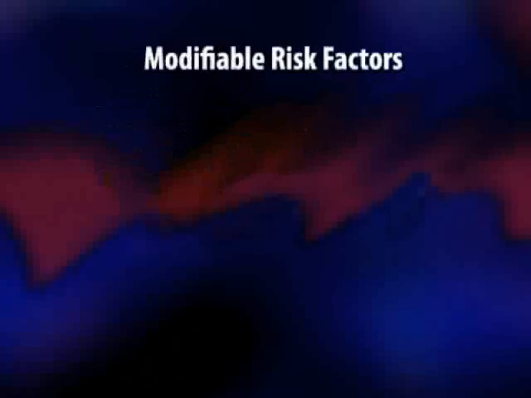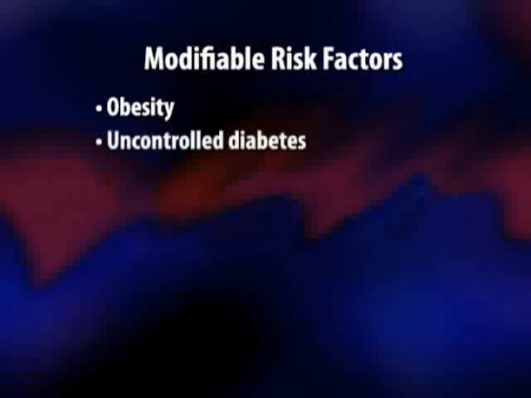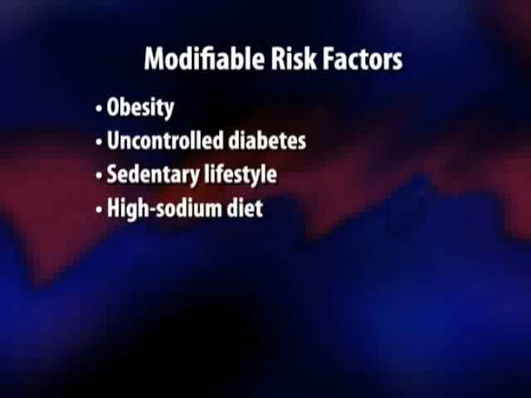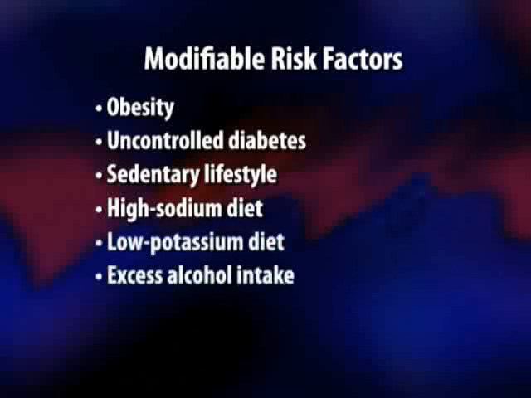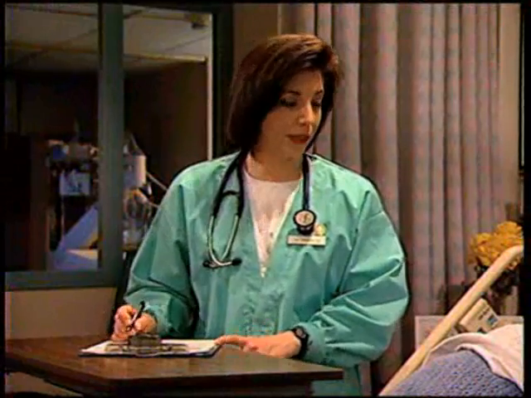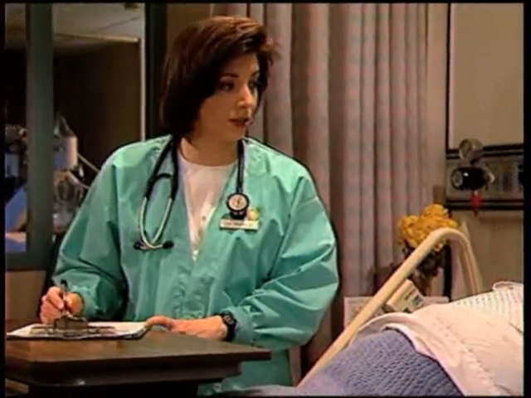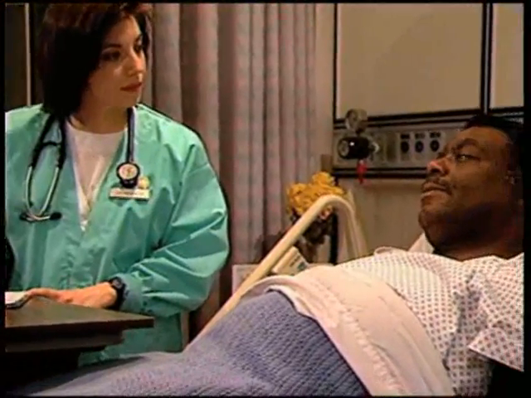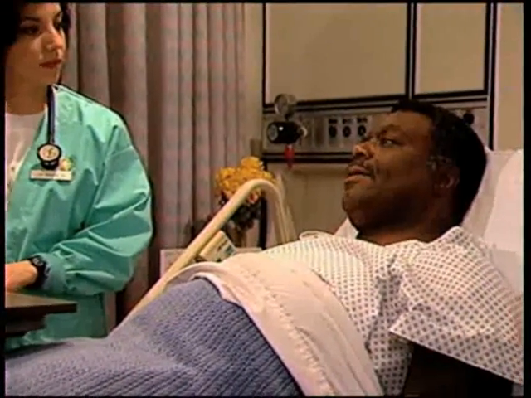Modifiable risk factors include obesity, uncontrolled diabetes mellitus, sedentary lifestyle, high sodium diet, low potassium diet, excess alcohol intake, chronic stress, and smoking. To understand how modifiable and unmodifiable factors increase this patient's risk for hypertension, you must first understand the mechanisms that normally control blood pressure.